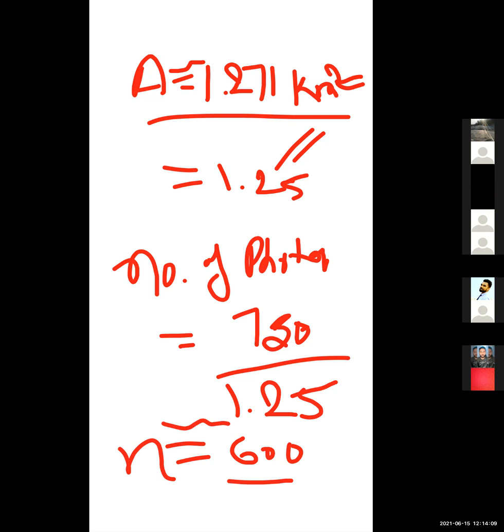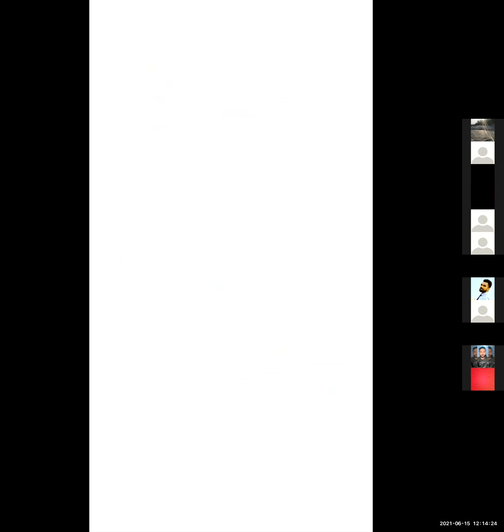Okay, write the next question. A line PQ measures 12 centimeter on a photograph, taken with a camera of focal length 22.5 centimeter.